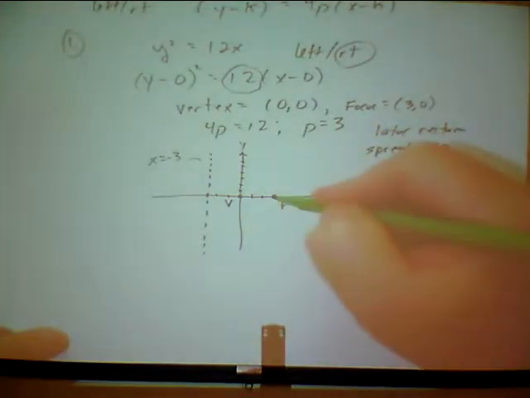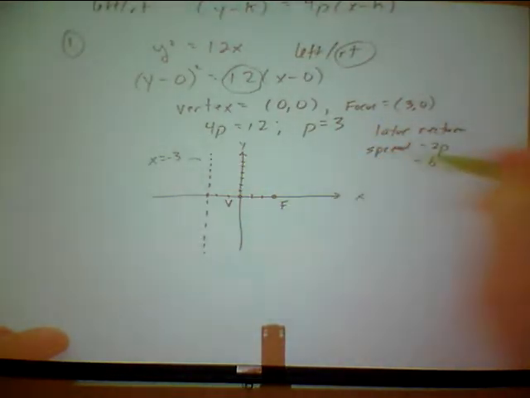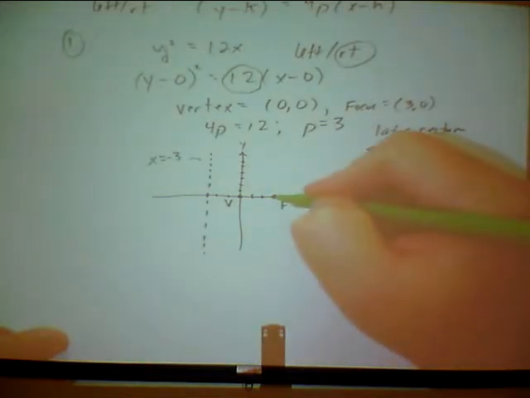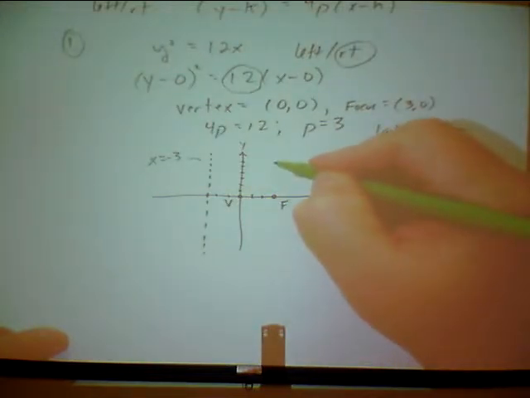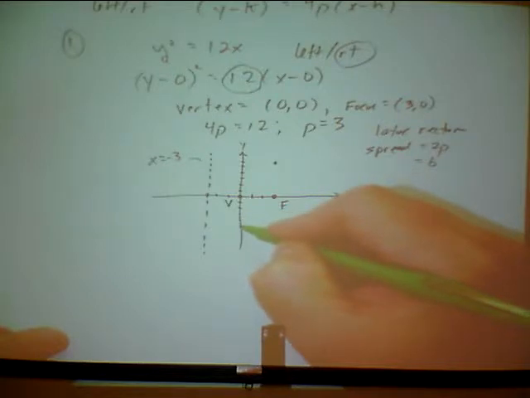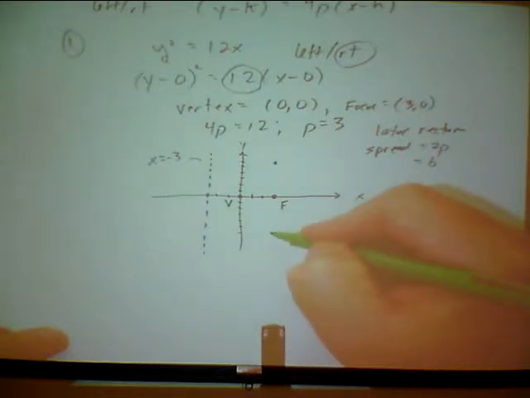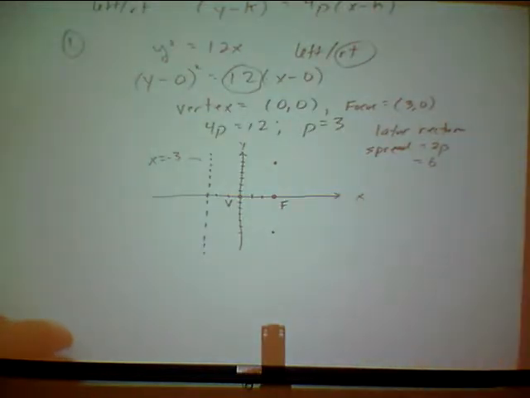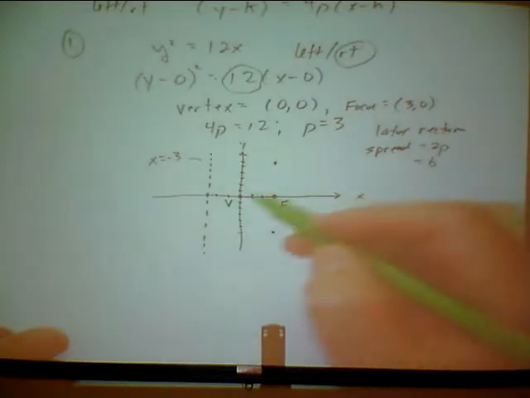So the spread, I'm going to my focus. My spread is 6, which is 2p. I'm going to move up 6. And that's going to be a point on my parabola. And then I also move down 6. And those become 2 points on my parabola. So I know my parabola goes through the vertex, goes through this point, and goes through this point.